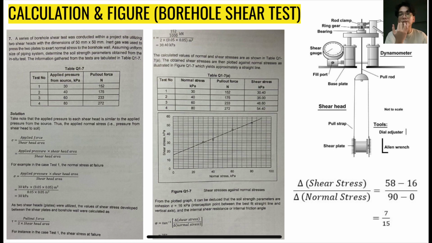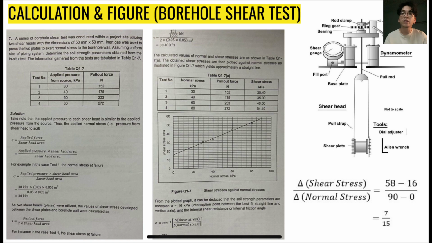So for the solution, we can use test number 1 as an example. The applied normal stress is equal to applied force over shear head area, and it can also be derived as applied pressure times shear head area over shear head area.